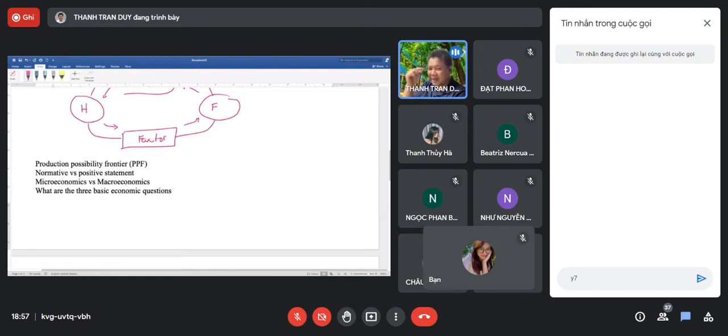When you talk about the maximum, what is PPF?